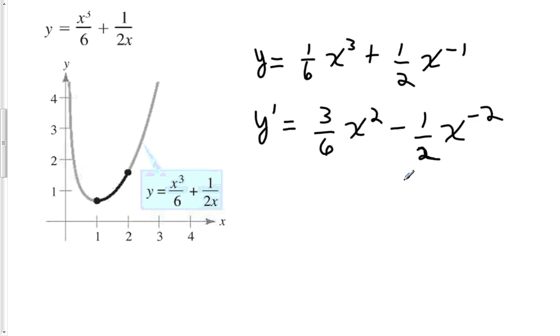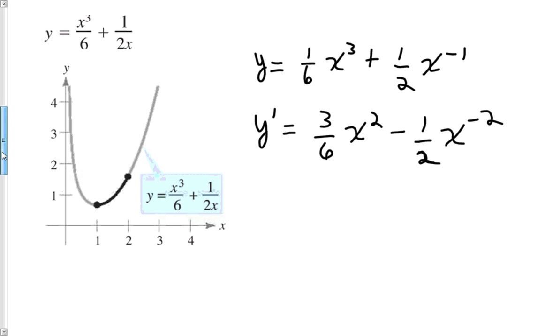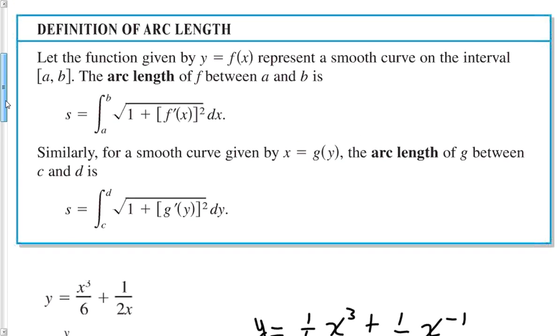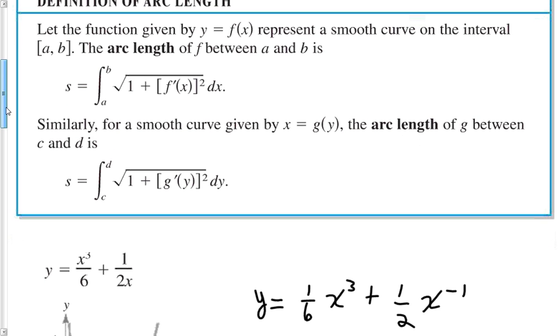So we get this function when we take the derivative, and we're going to plug this into our formula, the one right here.